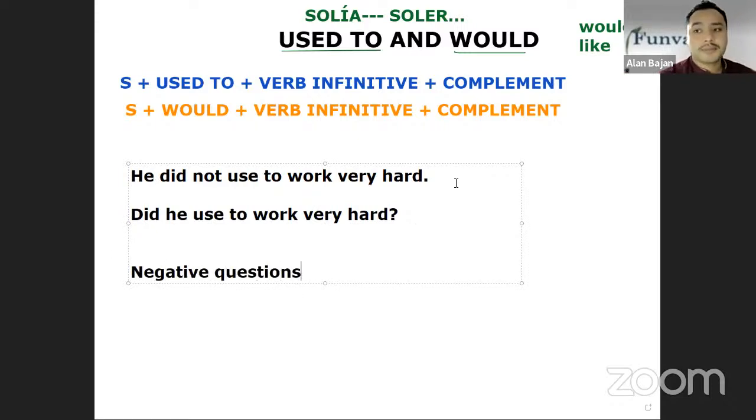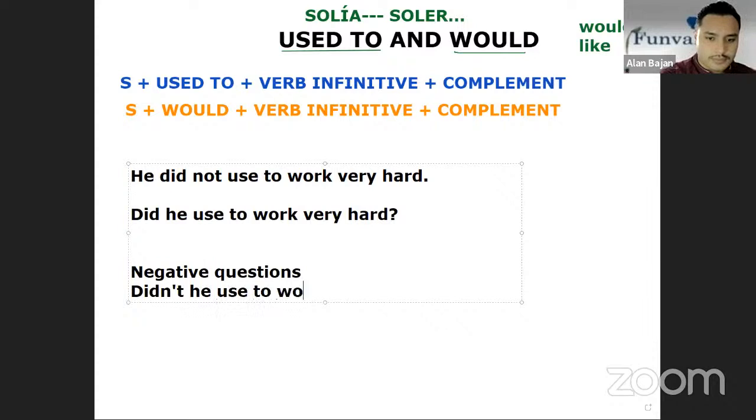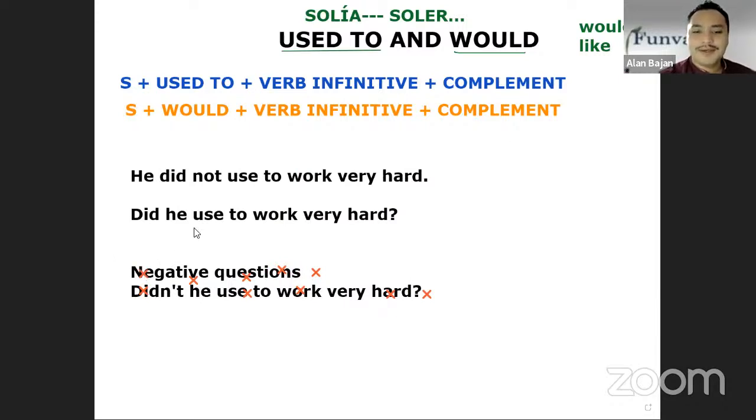And that's another topic. Esto es otro tema. Negative questions es otro tema. No es lo que estamos viendo ahorita. No se adelante. Only the simple one. Did he use to work very hard?